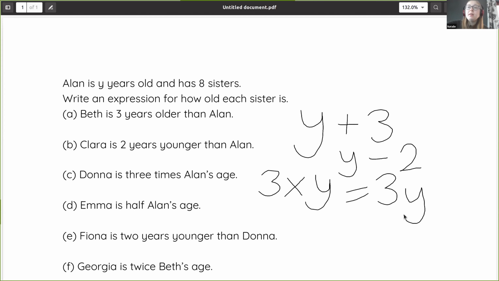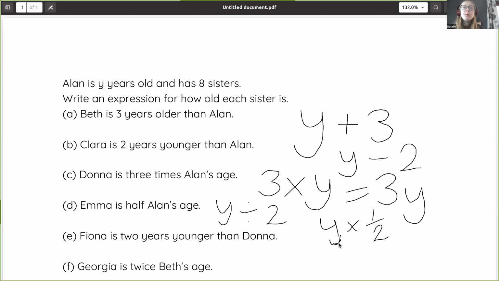So we could either say this is y divided by 2, because when we halve things, we divide it into 2, don't we? Or we could say it's y times a half. Both of those are correct. So did you get it? That one was extra tricky, wasn't it? So round of applause for you if you managed to get that one right.